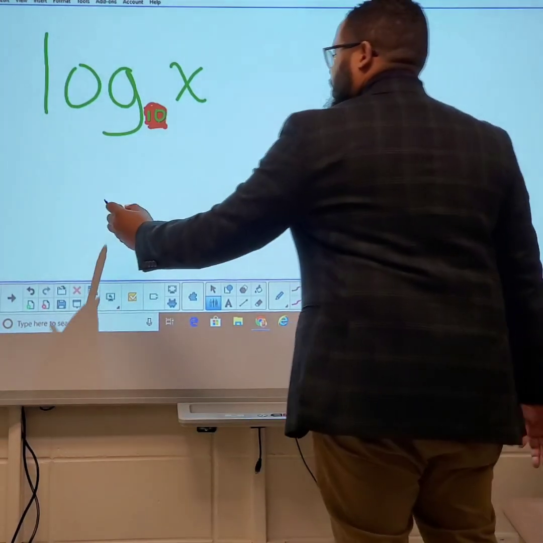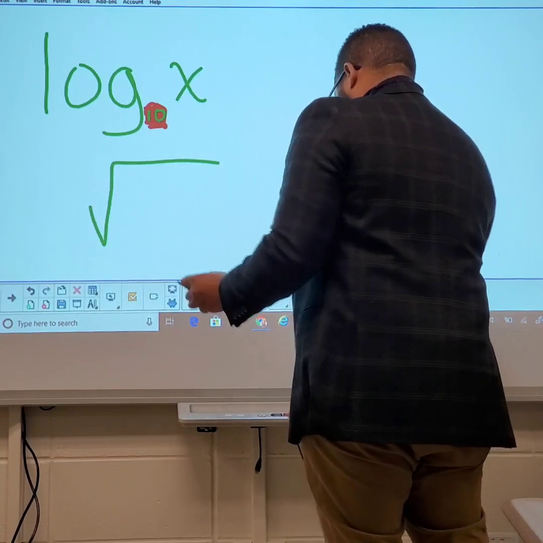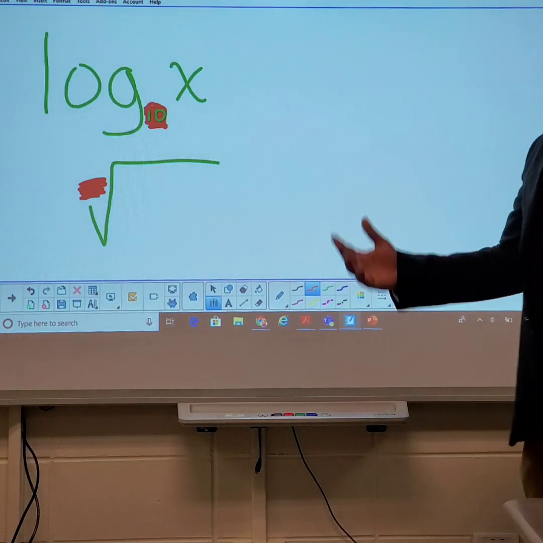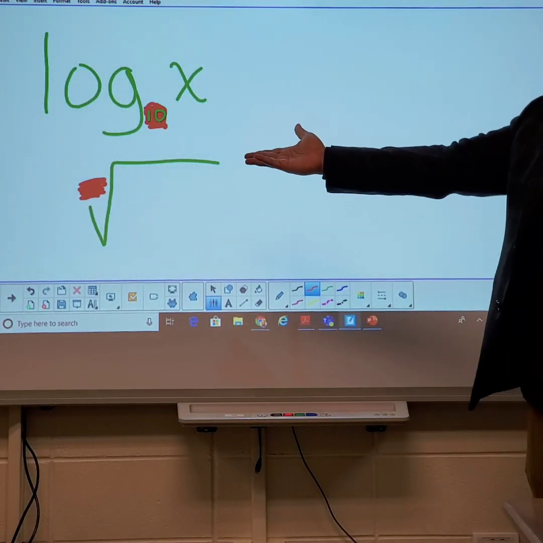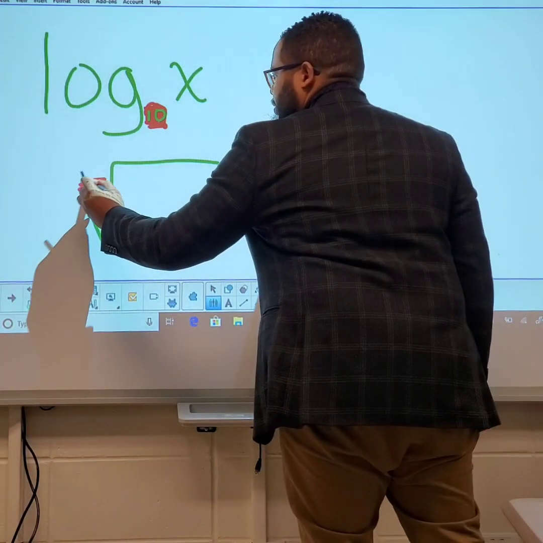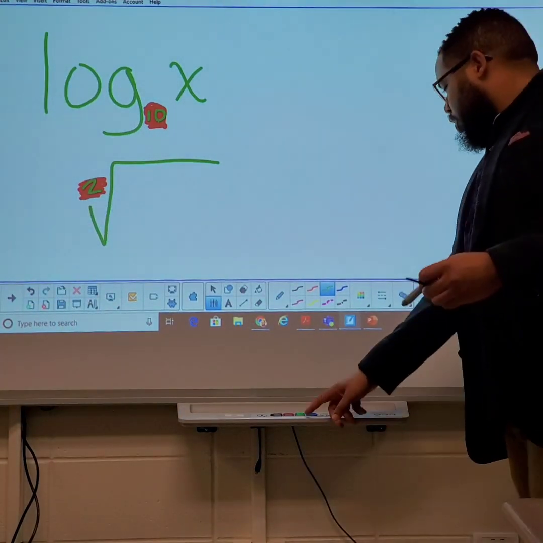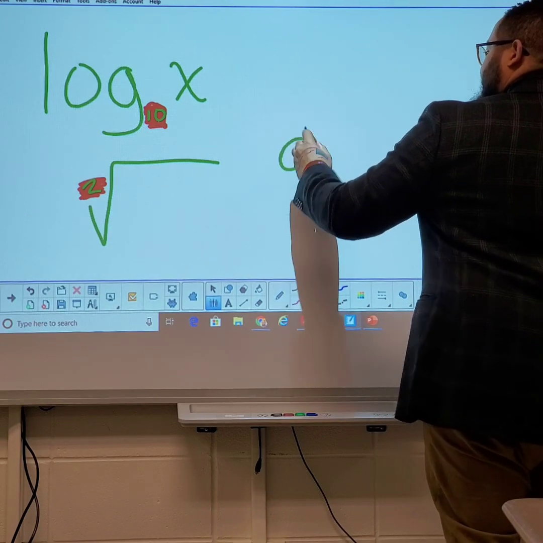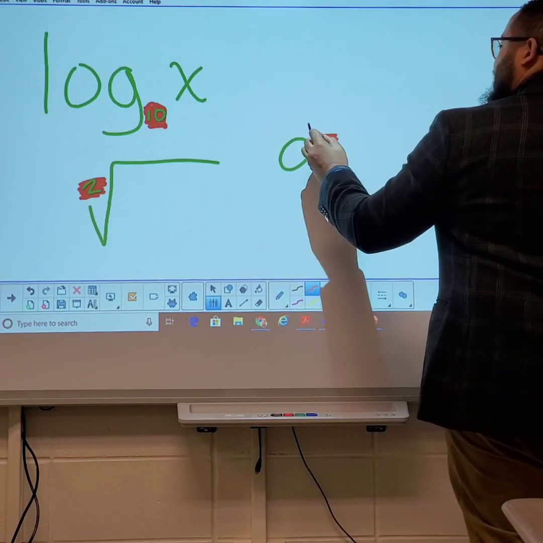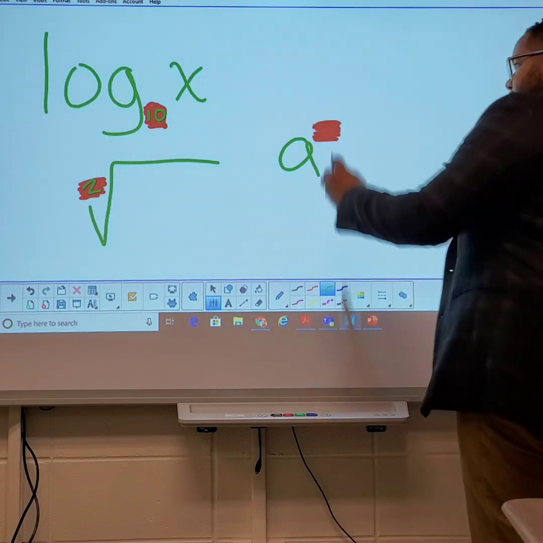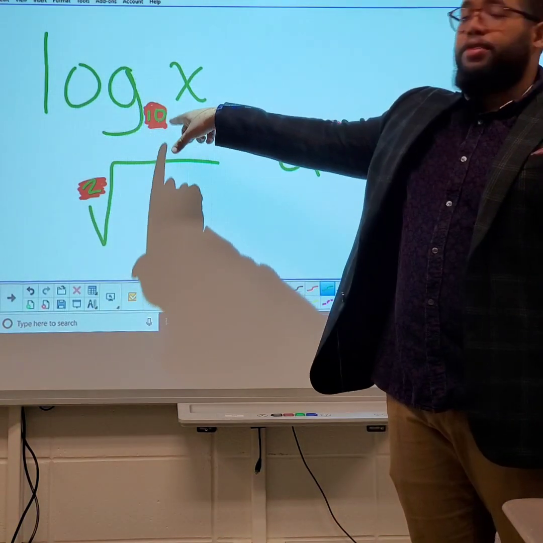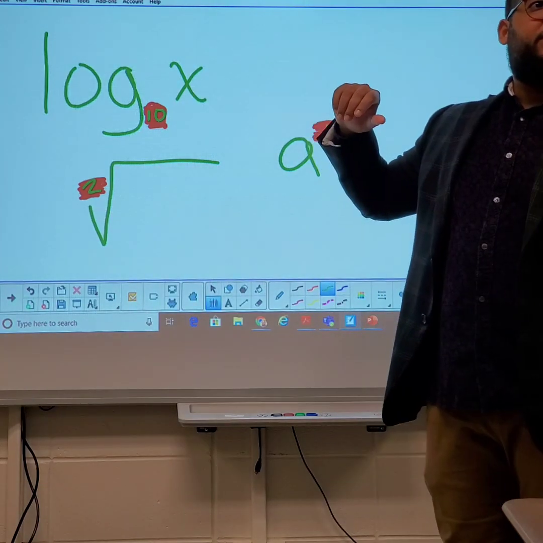It's kind of like when you see a radical with nothing in that spot, it has a little 2 there. Or a number with nothing in the exponent spot, there's a 1 up there. So we just have to get used to the fact that if I see log with nothing over there, that is a 10.